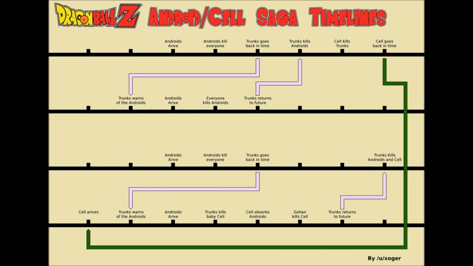See, Trunks came back to this time, to the main timeline, because he programmed it to go 3 years before the androids arrived. And Cell, the only reason that he ended up in the same timeline is because he went a year further back.